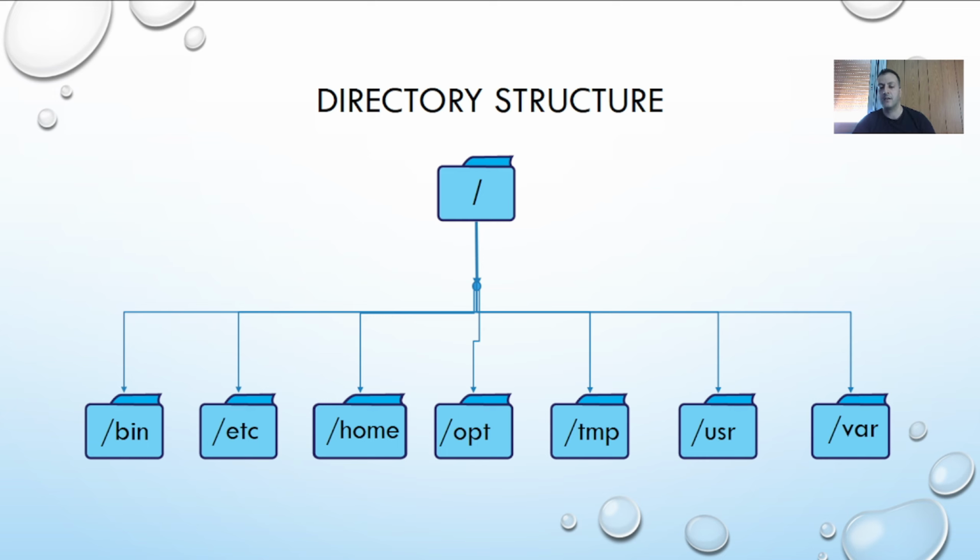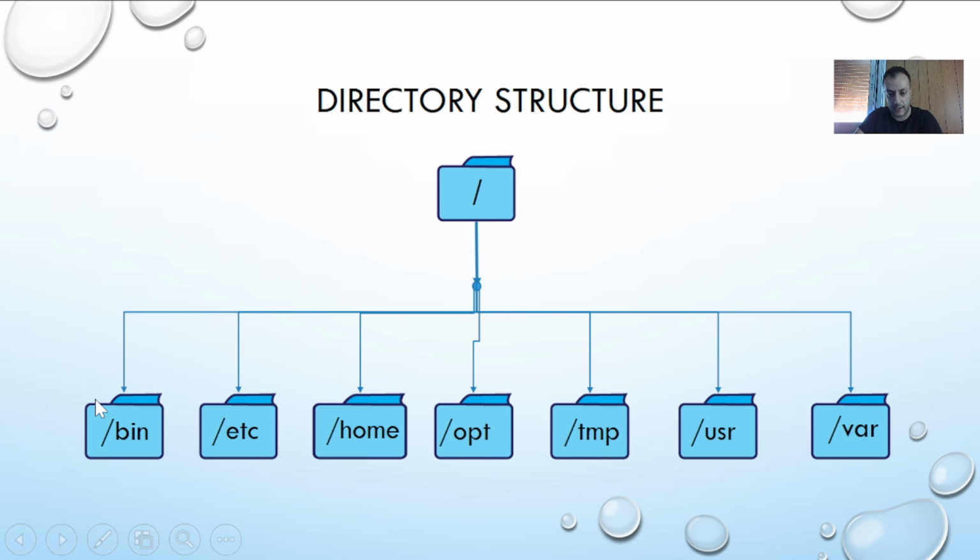Let's say you're installing software into Linux, something programmed by another company, something like Python. These are third-party software applications that will be installed in /opt.